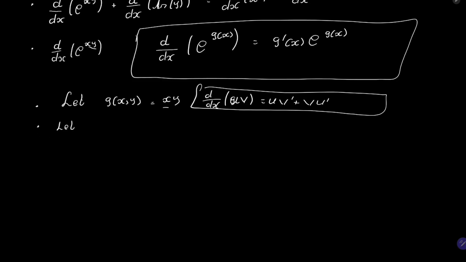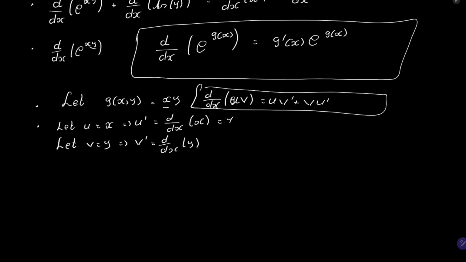So let u then be equal to x, which implies that u prime, which is the derivative with respect to x of x, gives us 1. Now we are going to let our v be the function y. This implies that v prime, which is the derivative with respect to x of y, gives us dy on dx times the derivative of y with respect to y, which gives us dy on dx times 1, hence dy on dx.